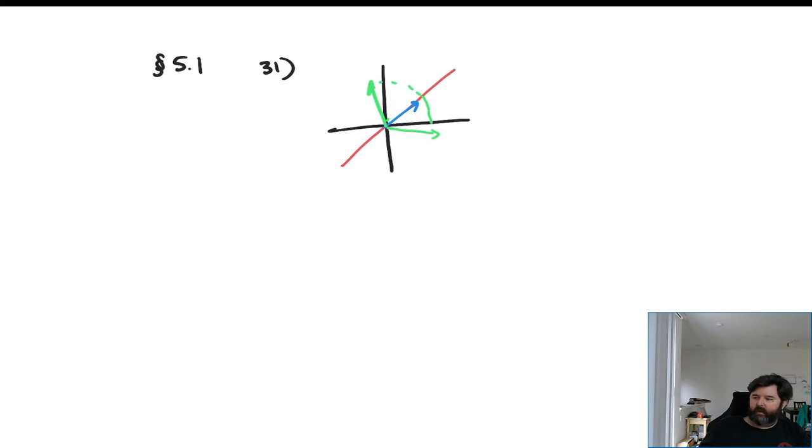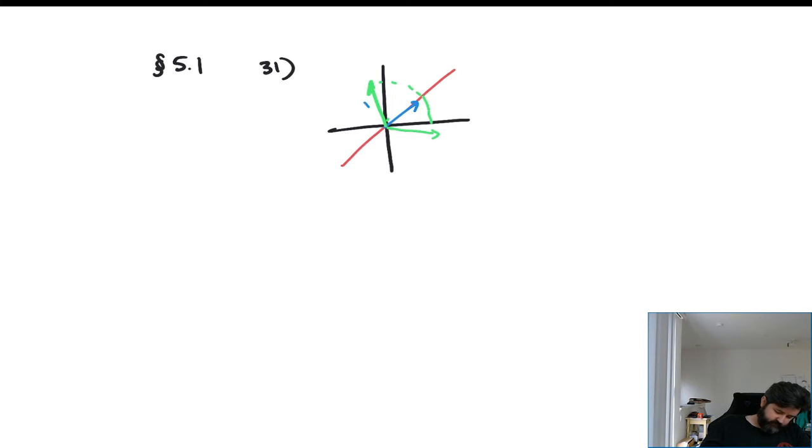So any other vector that's not along that line is going to be moved into a different, actually, that's not entirely true. So there's one other eigenspace.